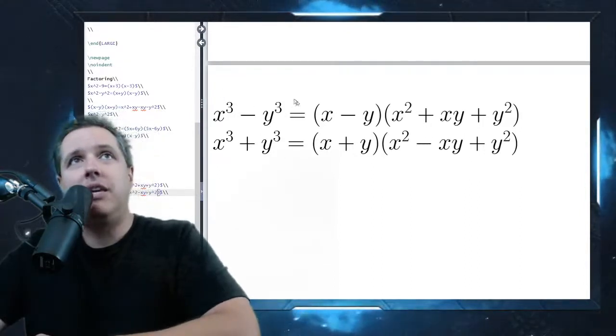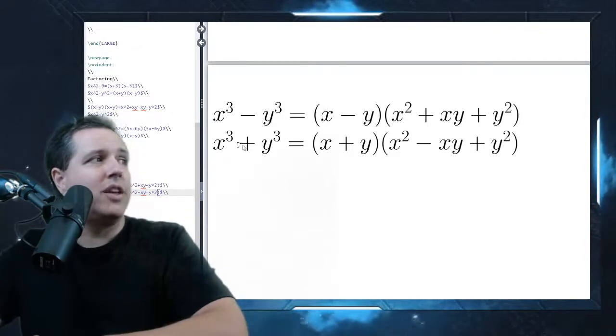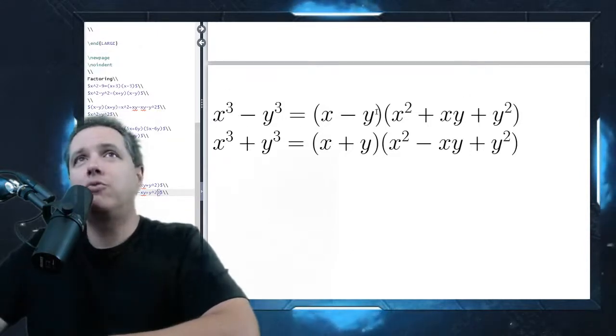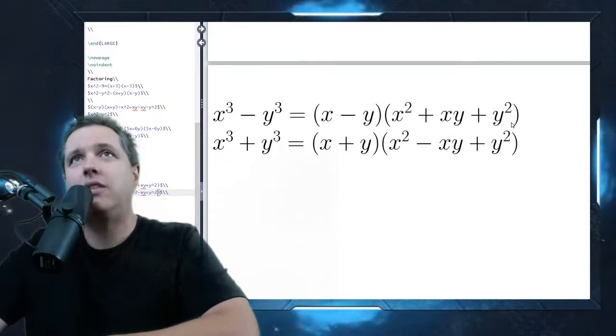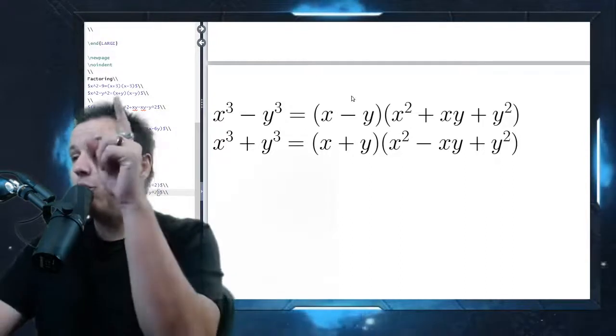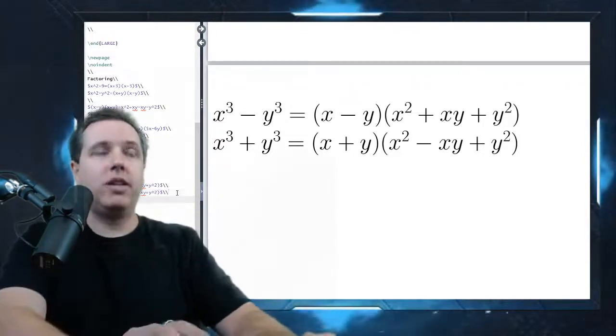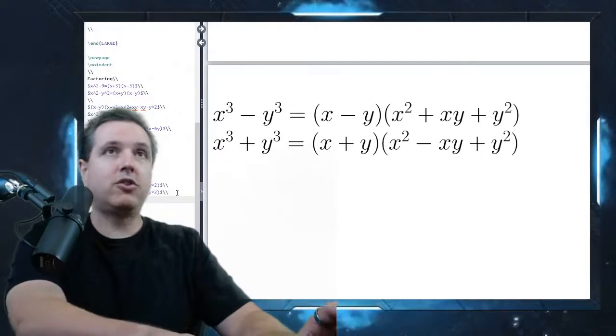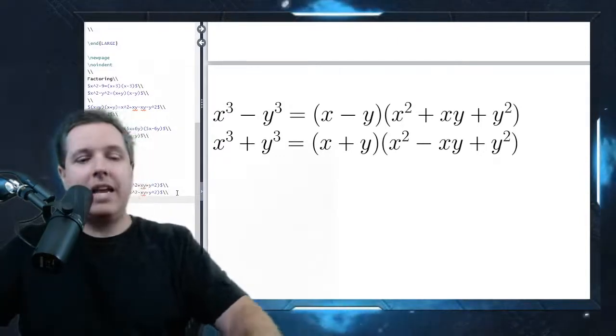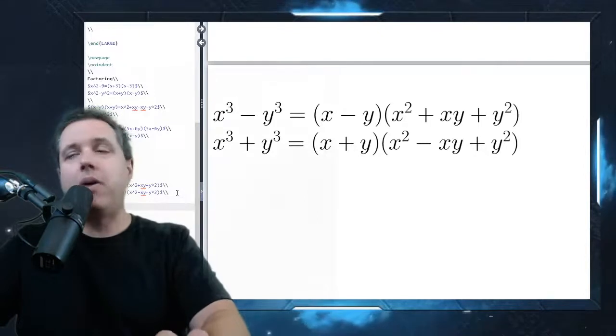Now you'll start with a problem that is one of the things on the left. So all you have to do is remember the part on the right and go, well, it goes x, y, x squared, xy, y squared. And then you have to figure out what to do with the signs, but we have a rule to help you with that, okay? So the rule is called SOAP, which stands for same, opposite, always positive.